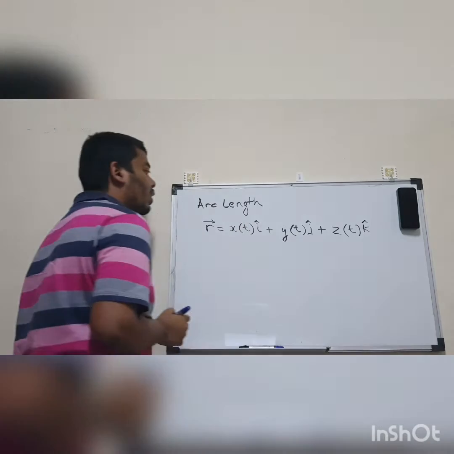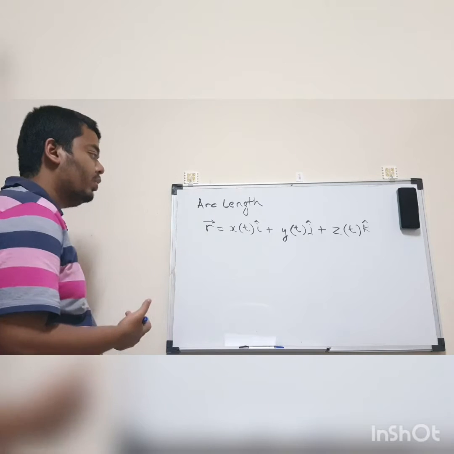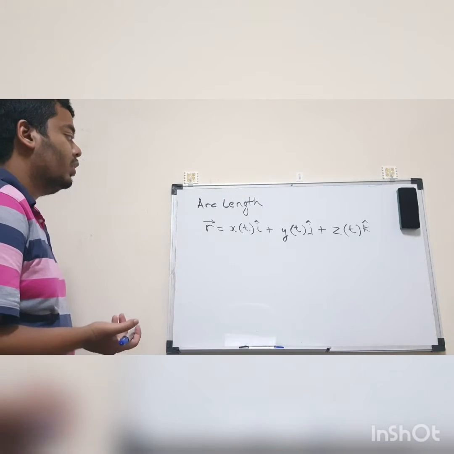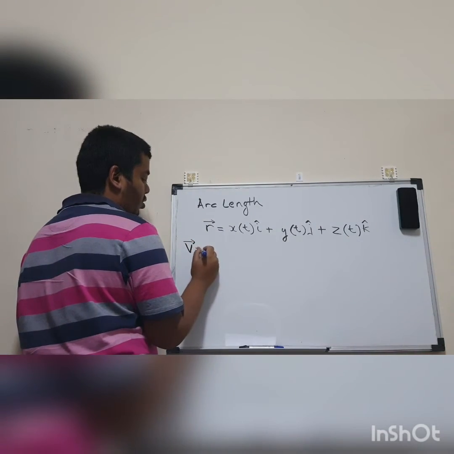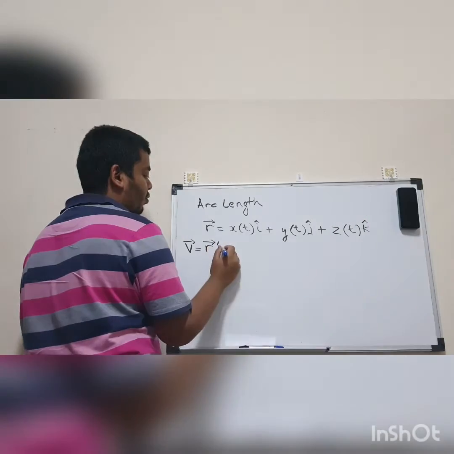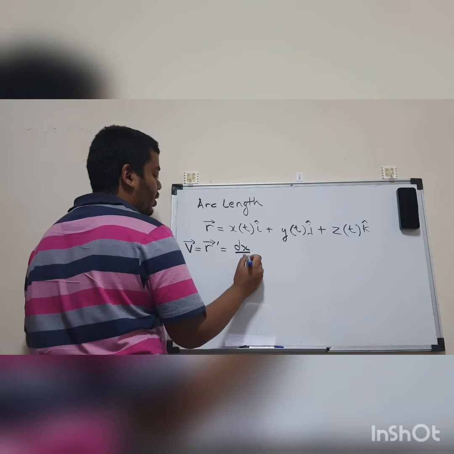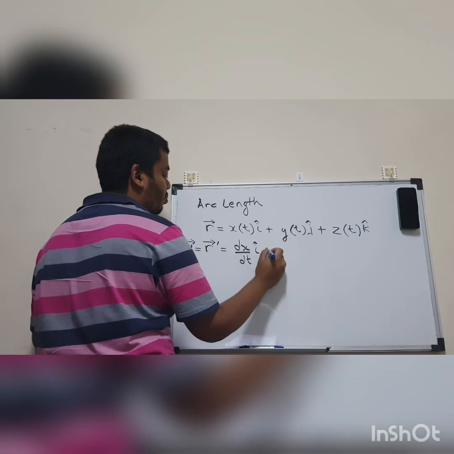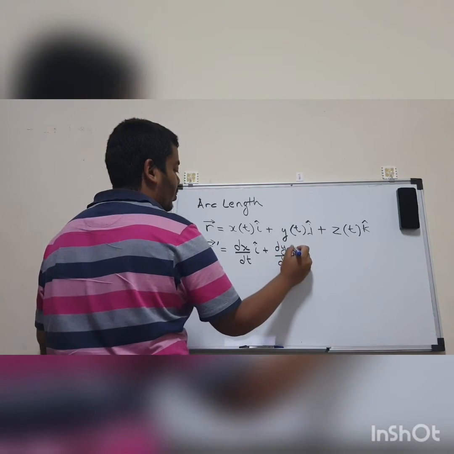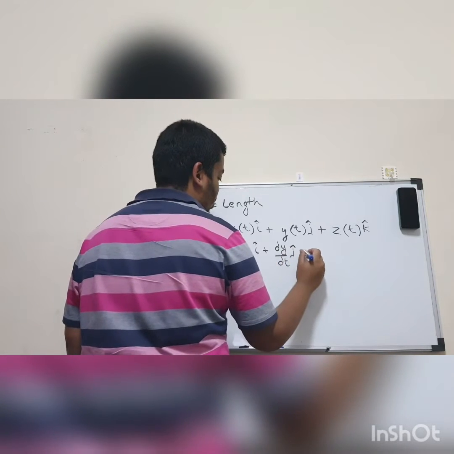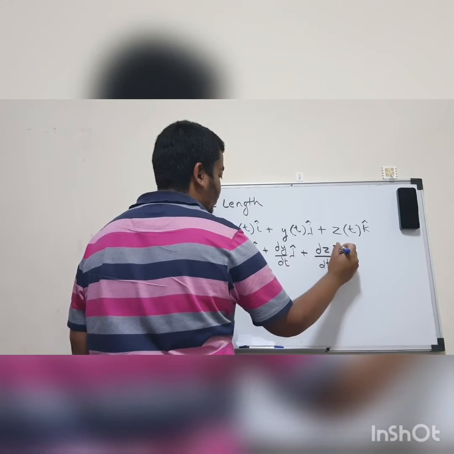Now I want to find the velocity vector, in other terms the derivative of the position vector, r prime. We differentiate each term separately: dx over dt as the i component plus dy over dt as the j component plus dz over dt as the k component.